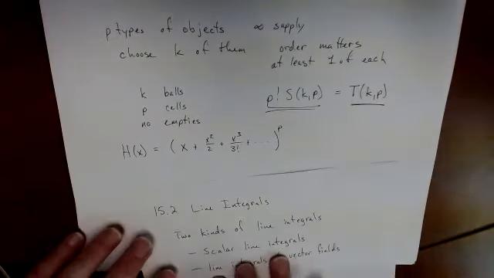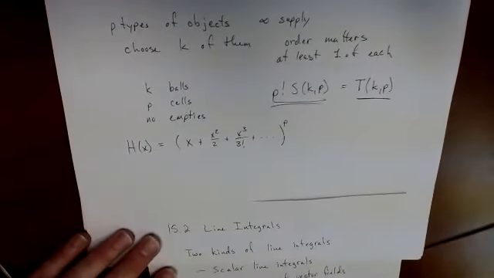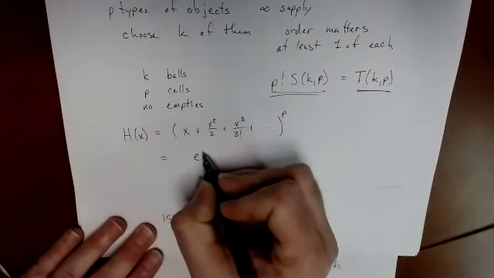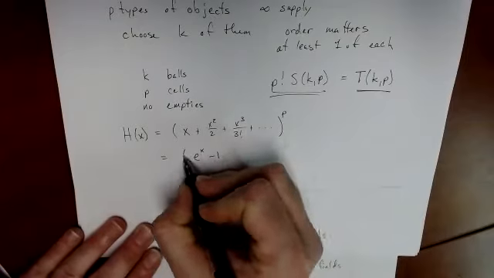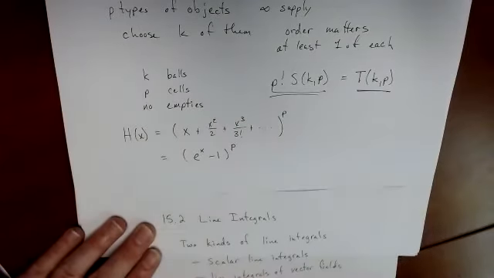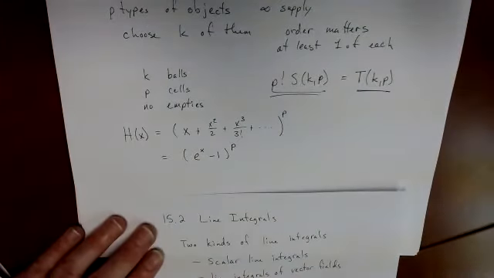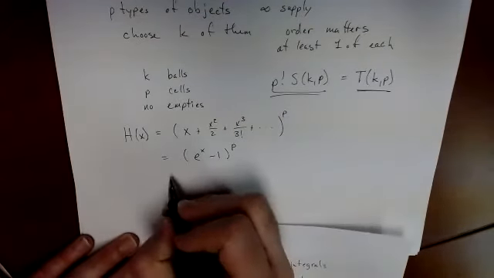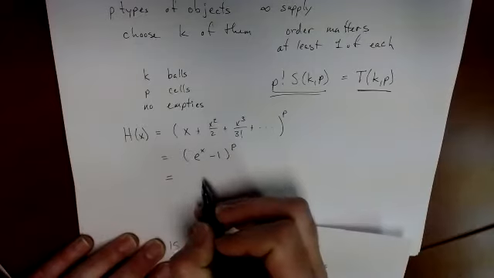Oh, there it is. So we have that this is e to the x minus 1 to the p, which we can expand using the binomial formula.